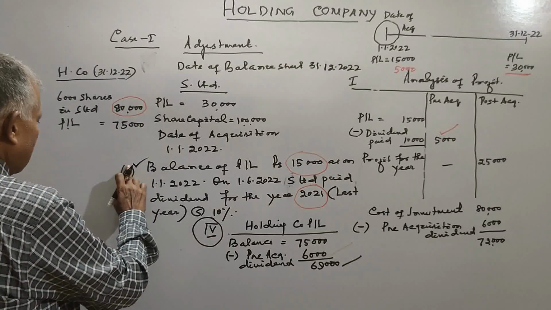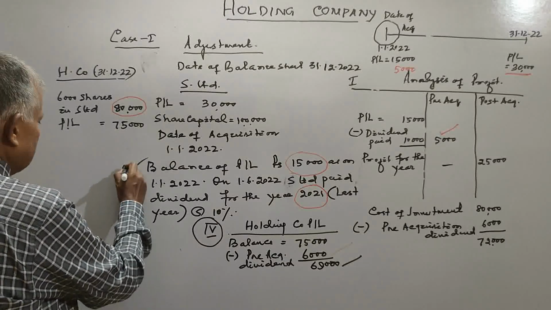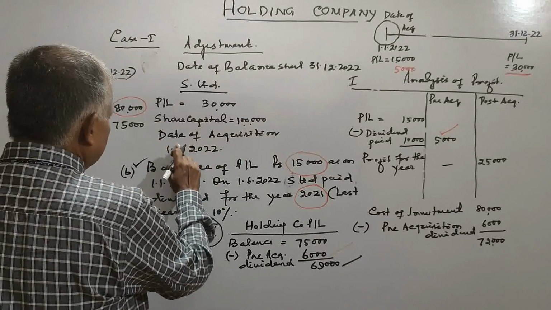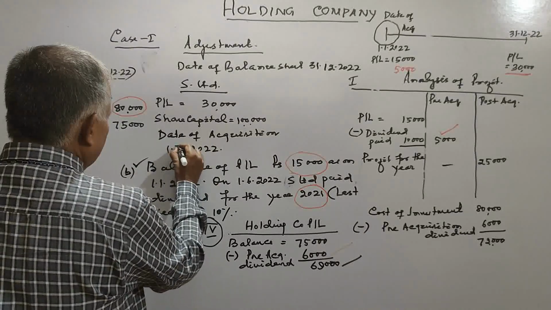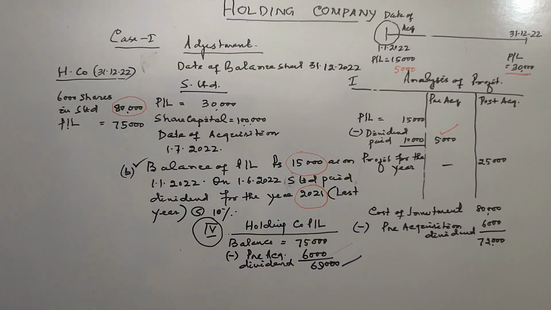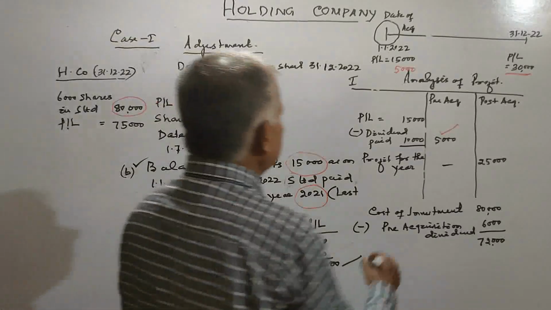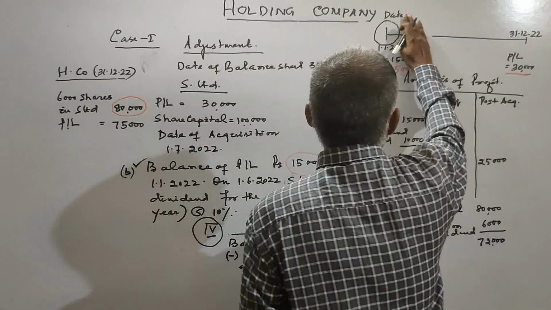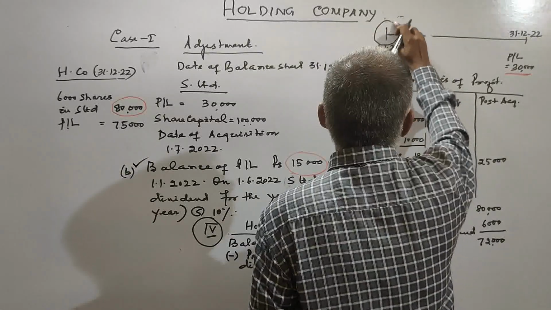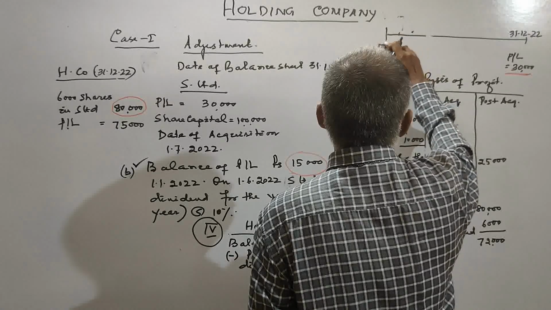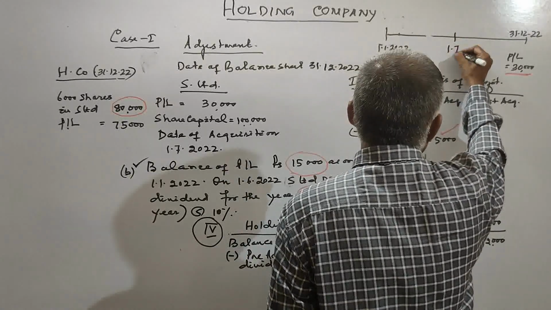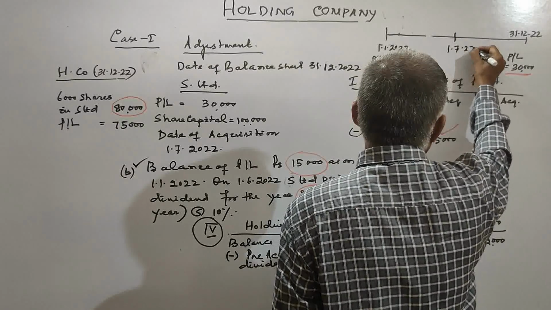Now I am talking about another type of adjustment, that is, the date of acquisition is say 1/7/2022.